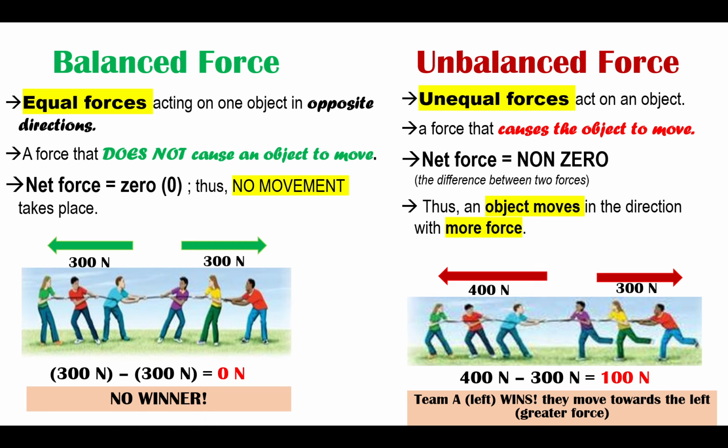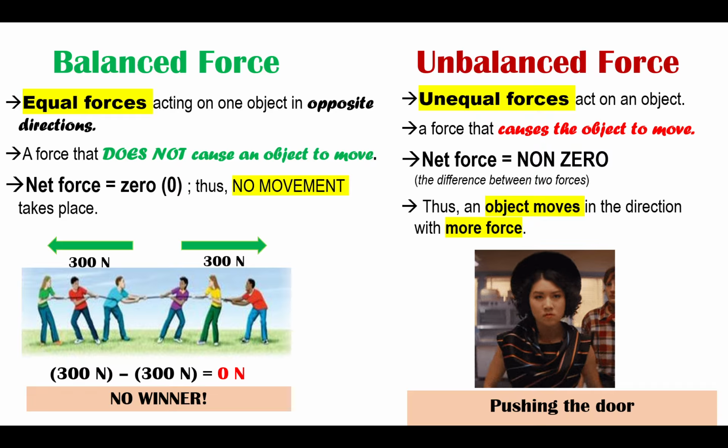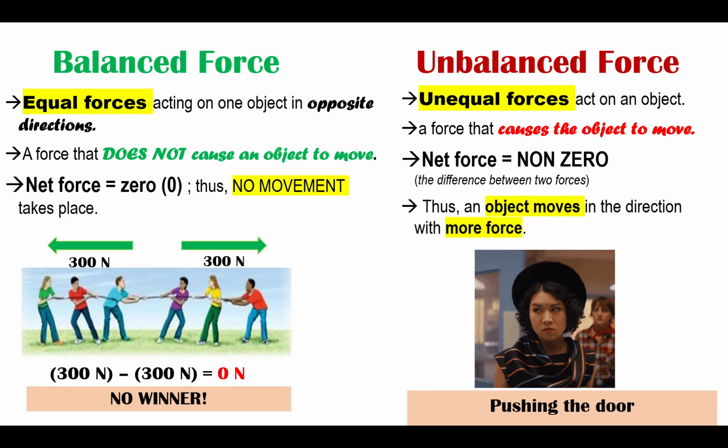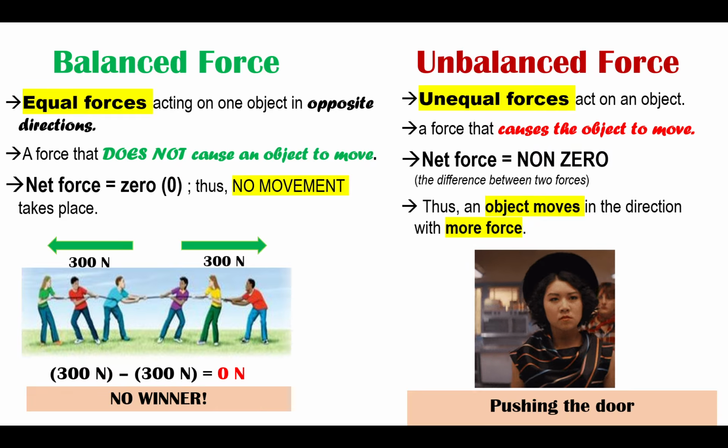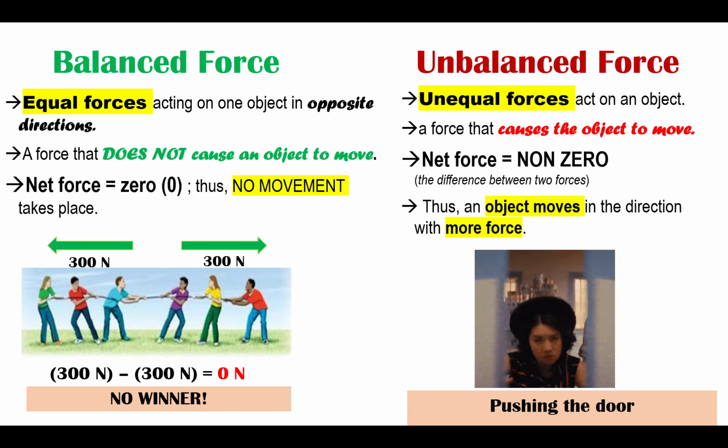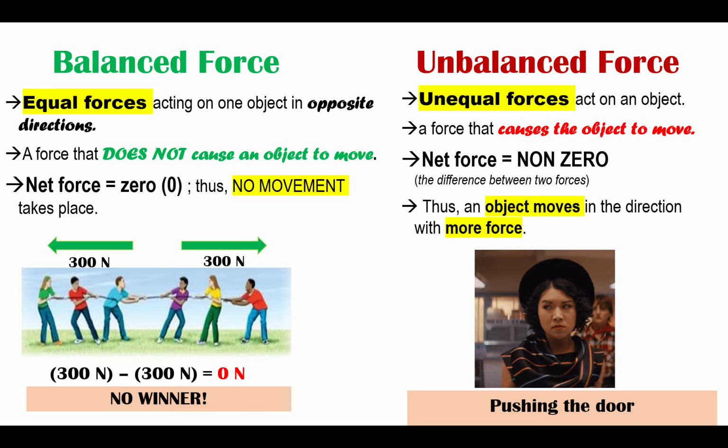So remember, guys, even though forces occur in pairs, if they are unequal, it will result in motion or movement. Another example of unbalanced force is when you push a door, you apply a forward force.